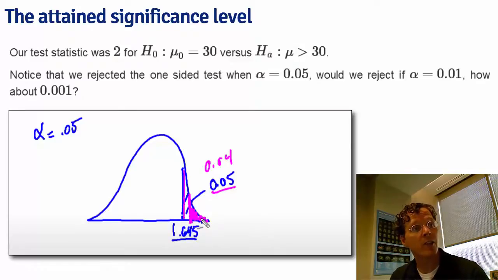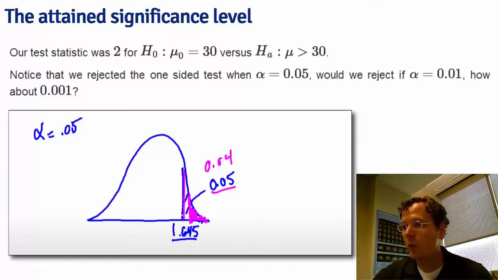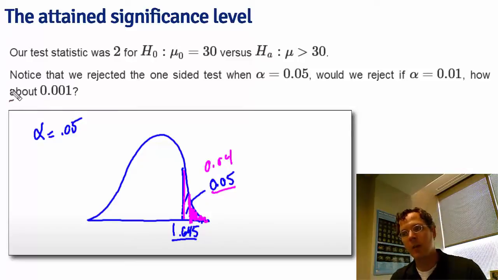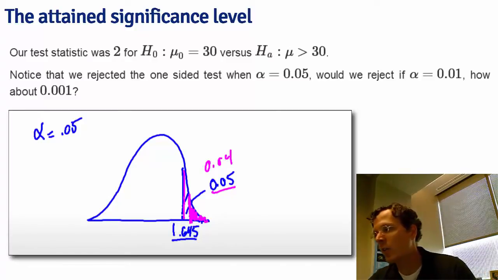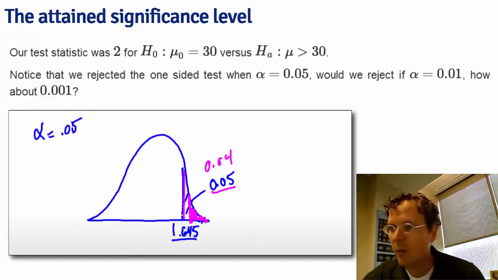We just did that calculation. That's the probability of getting a test statistic as large or larger than 2 under the null hypothesis. So another way to think about the p-value is that it's the smallest value of alpha for which you would still reject the null hypothesis. Because of that, they call it the attained significance level.